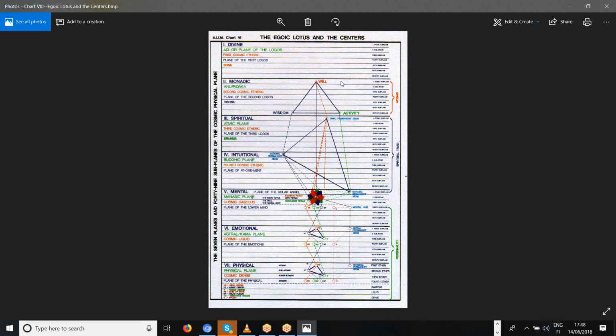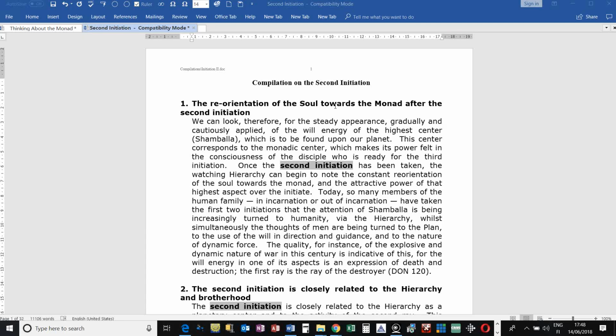It's the second and sixth plane, and here on the emotional plane is, let's count from the top, sixth plane first and second plane second, counting from below. So there's definitely a relation here when we talk about the orientation to the monad on the monadic plane.